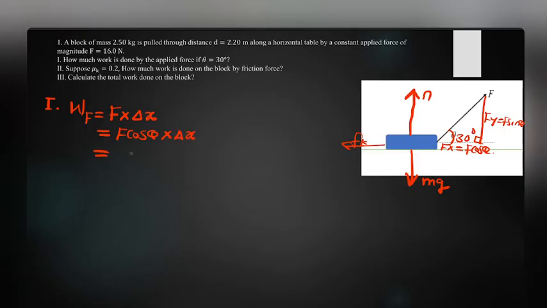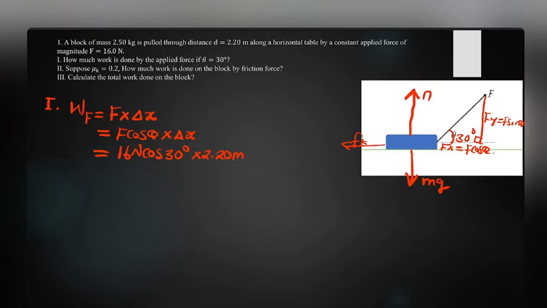Now this becomes, the force being applied here is 16 newtons. Then we'll say cos, then the angle at which the force is being applied, you can see on the diagram, is 30 degrees. Then we're going to multiply by the change in position, which is 2.20 meters.